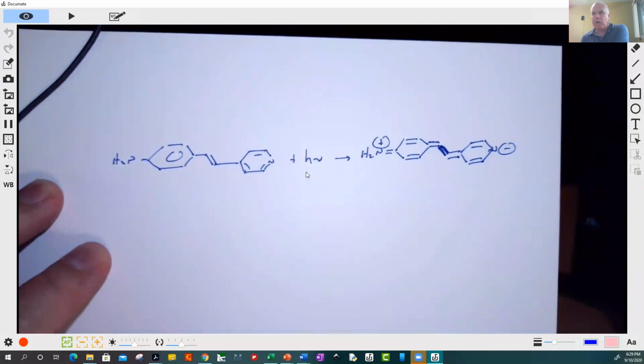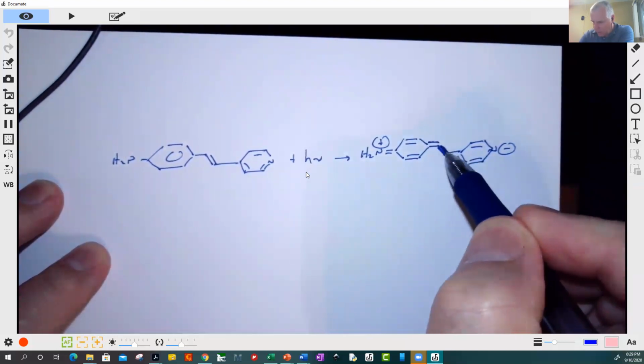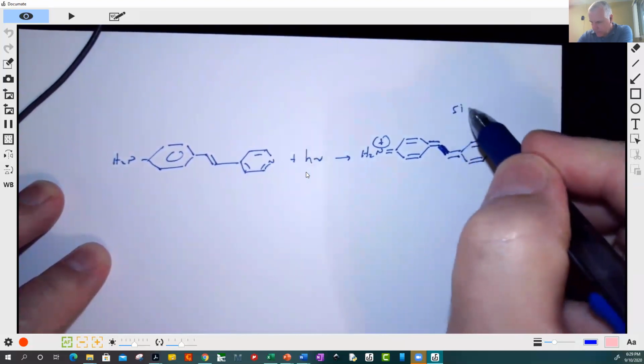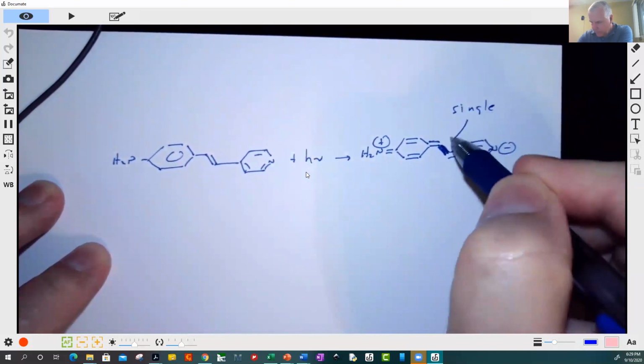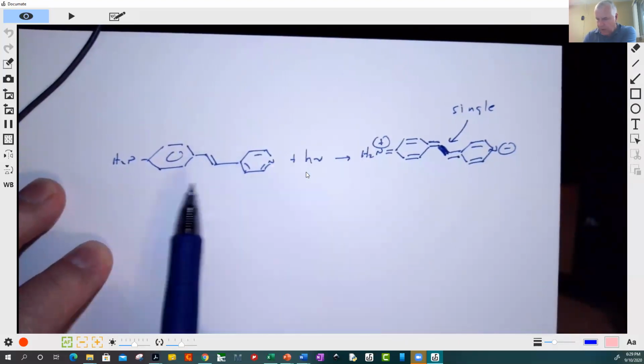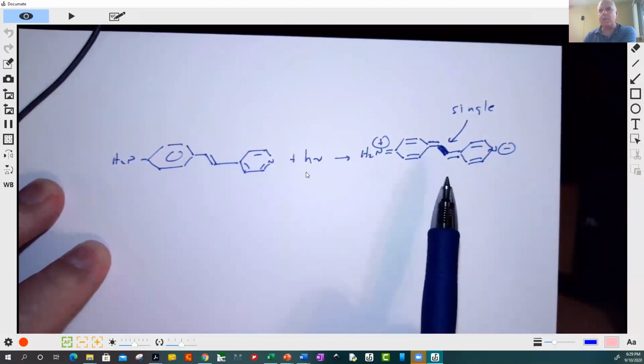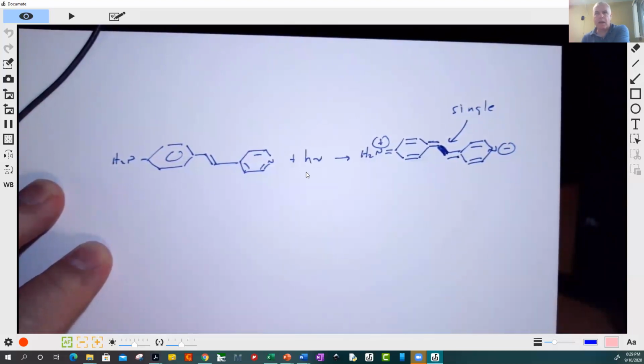Right. So when light interacts with a stilbene, I'm sorry, this is a single bond here. When a certain wavelength of light is absorbed by the stilbene molecule, it gets this humongous dipole moment. And it's really common actually for fluorophores to do this type of thing.